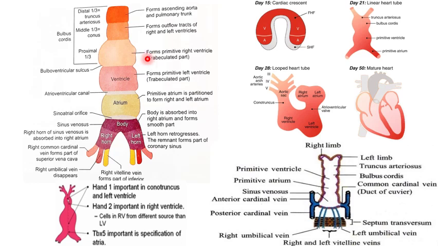Then the conus cordis is the middle 1/3 portion, which is the outflow tract of both the ventricles, and more distally is the truncus arteriosus, the distal 1/3 of the bulbus cordis, which will develop into the ascending aorta and the pulmonary trunk.